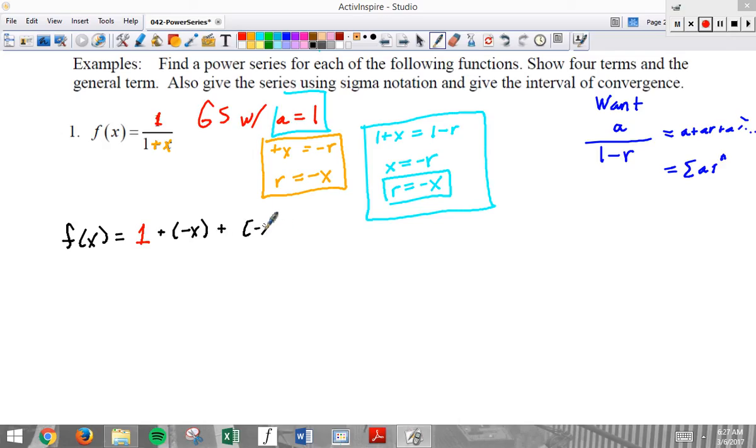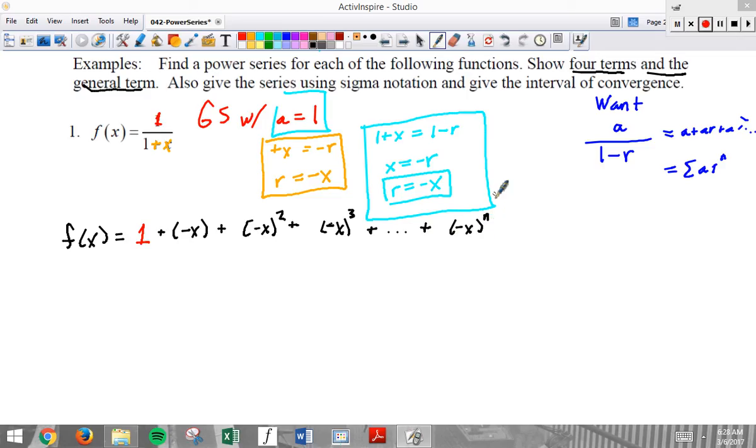I'll write it with colors in a second in case that'll help you. Plus, now the standard way, they want you to do 4 terms and the general term. That's the directions every single year on the AP test. So 4 terms, 4 non-zero terms, dot, dot, dot, and the general term.